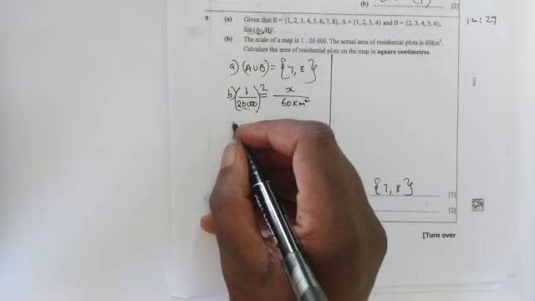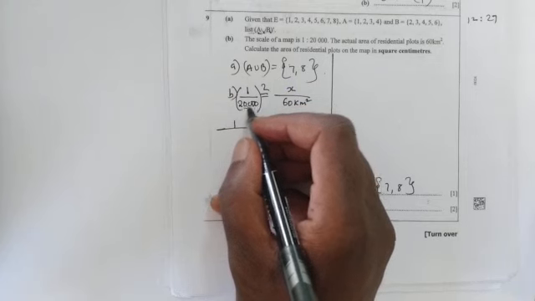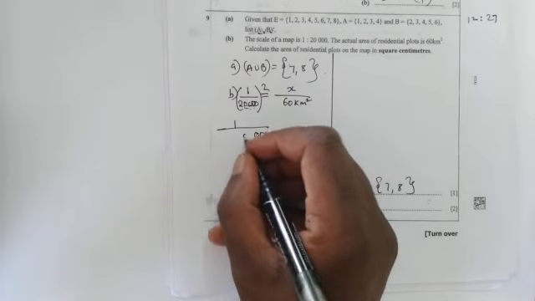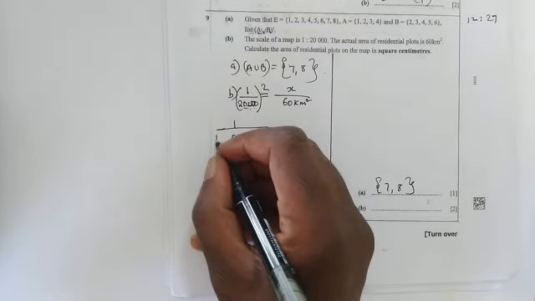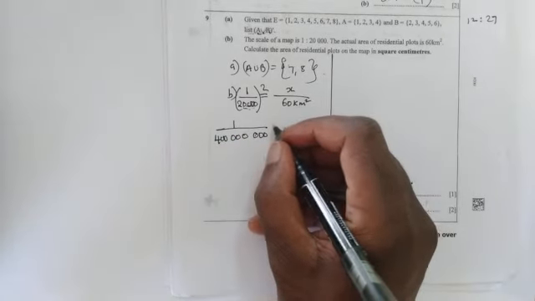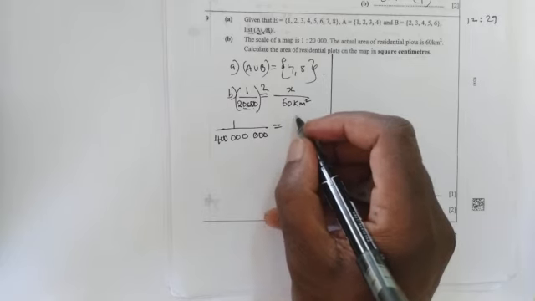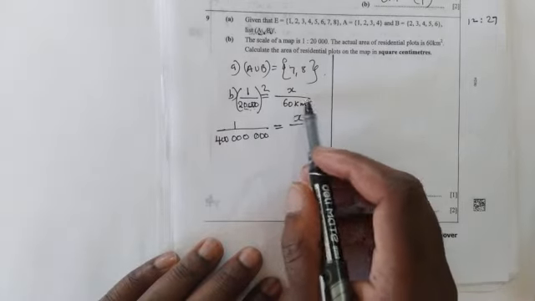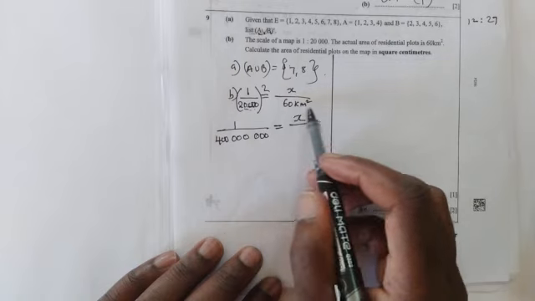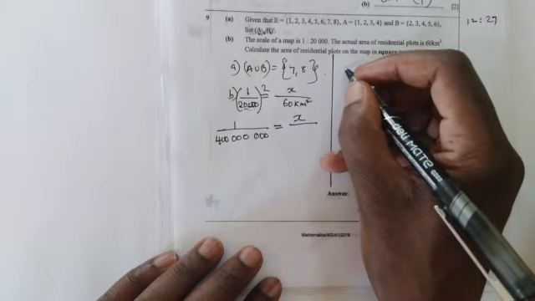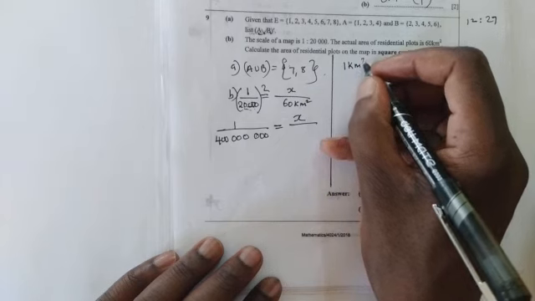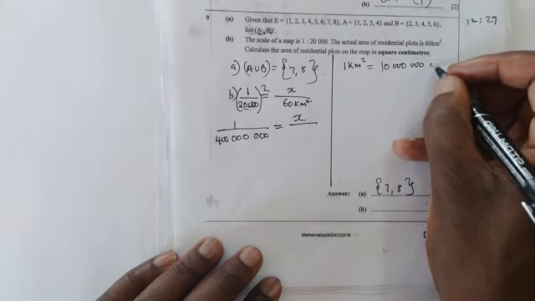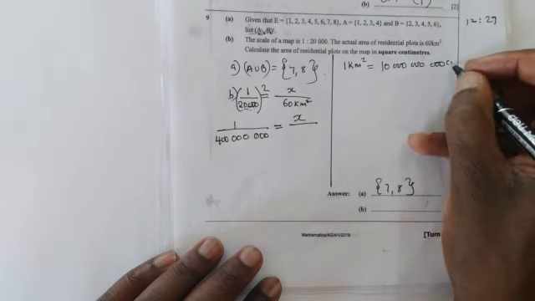When we square this side, how many zeros do we have? We have 4 zeros, so we are going to have 8 zeros. Then this is equals to x over, so we need to convert this one into centimeter square. So 1 kilometer square is equals to 10 billion centimeter square.